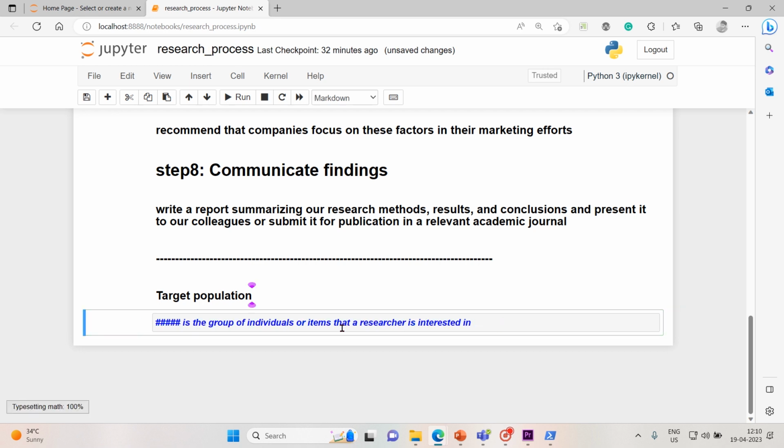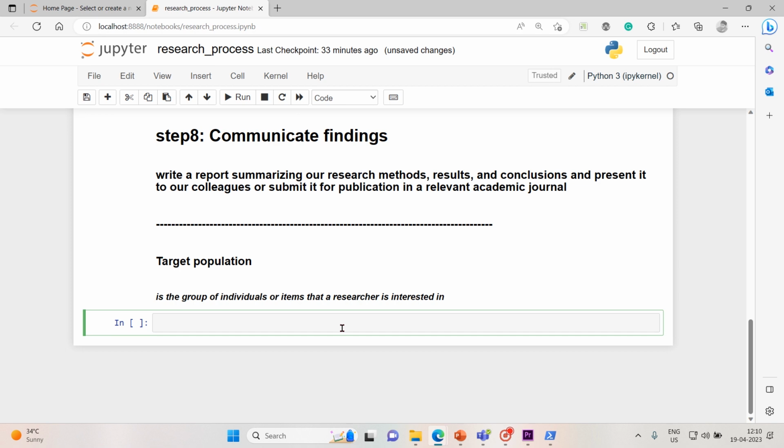For example, if a researcher is interested in studying the effects of a new drug on people with a particular medical condition, then the target population is individuals with that condition.